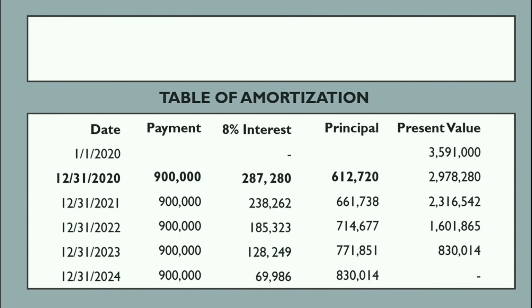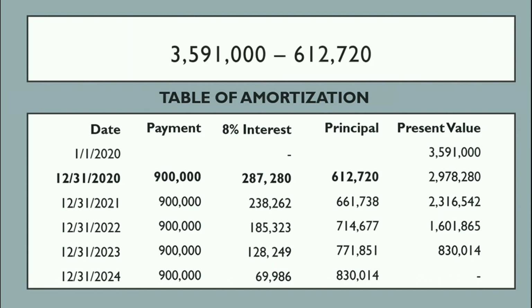So last is yung bagong present value. So kung 3,591,000 ang present value during the sale transaction sa January 1, 2020, mababawasan na yan kasi ina-amortize natin. To do that, minus lang natin ang principal sa present value.